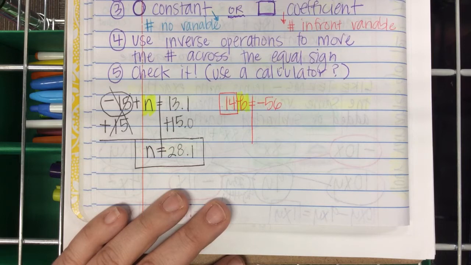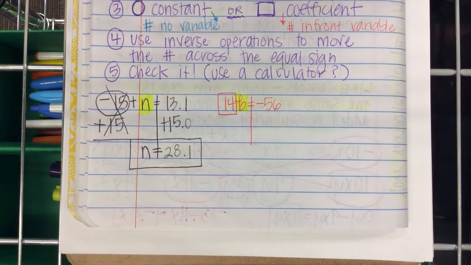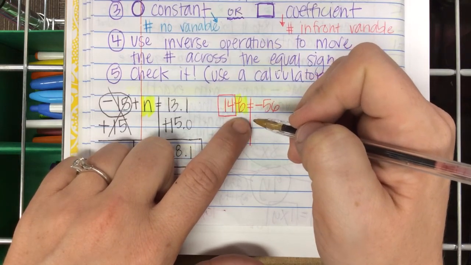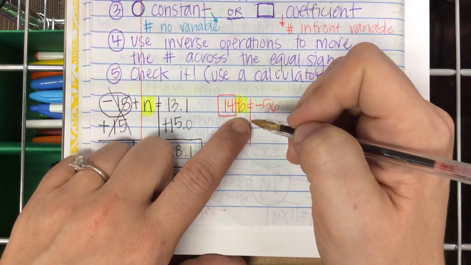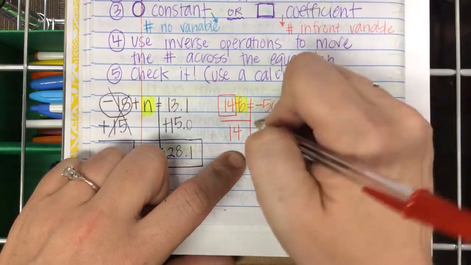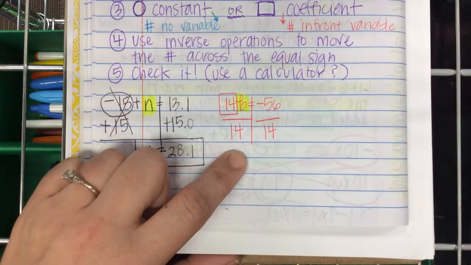All right, here comes the part that we're ready for. Here's our one step. Use inverse operations to move the number across the equal sign. What's my operation? Multiply. What's the inverse? Divide by 14.